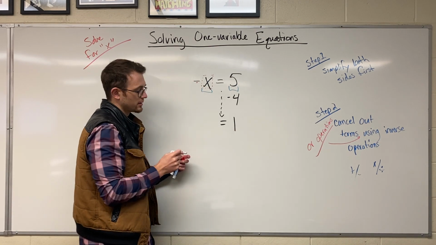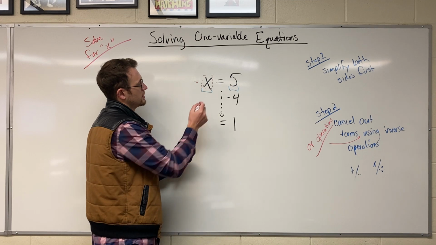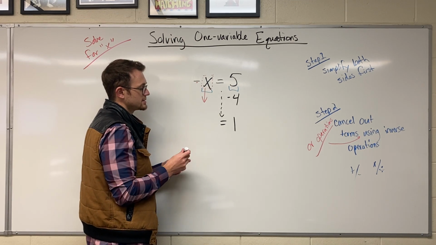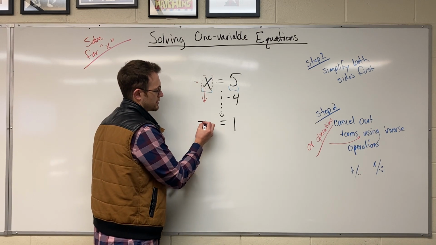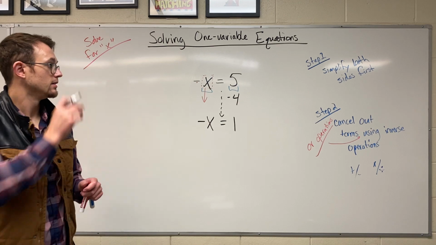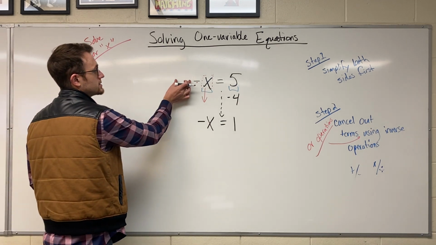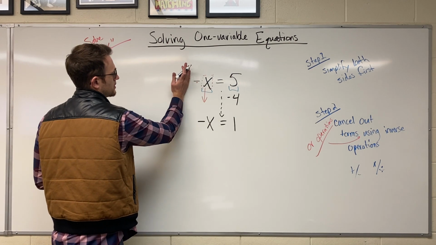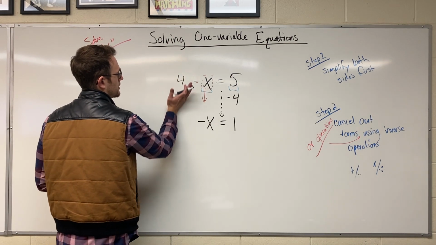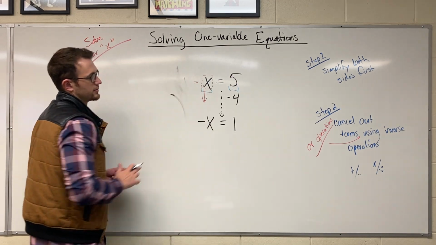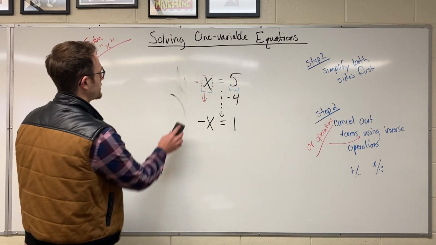It did not disappear. So when I drop this x down, it's actually still a -x, okay? When I canceled out the +4 that was here by subtracting 4, I didn't do anything to that negative, all right? I did not do anything to that negative.